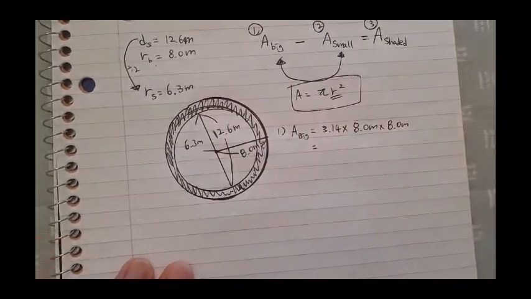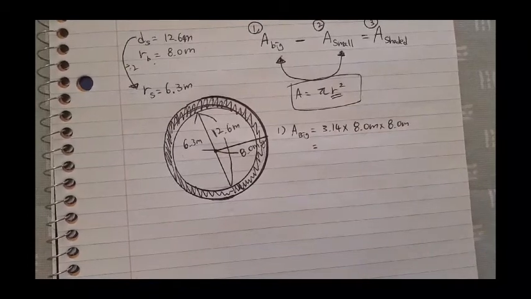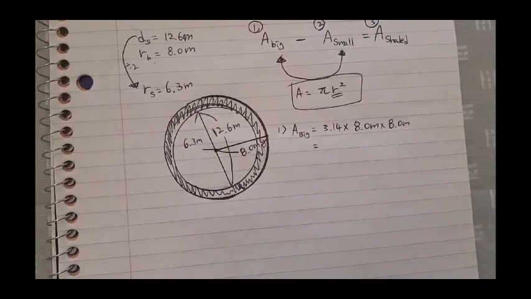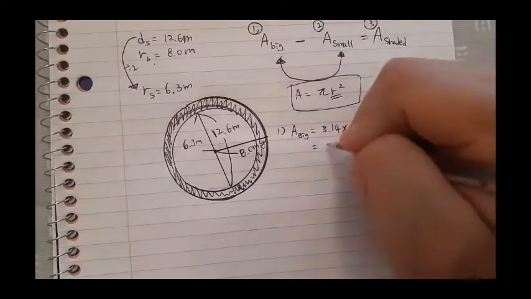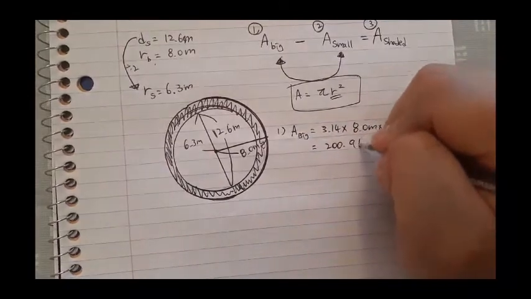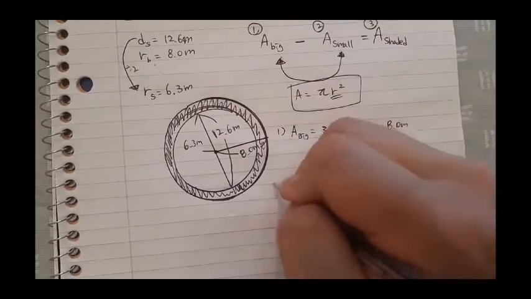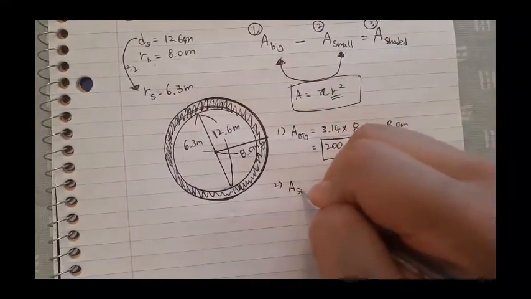And we're going to write down every single thing. We're not going to round any numbers yet. So 3.14 times 8 times 8 is equal to 200.96 meters squared. That is my bigger circle area.